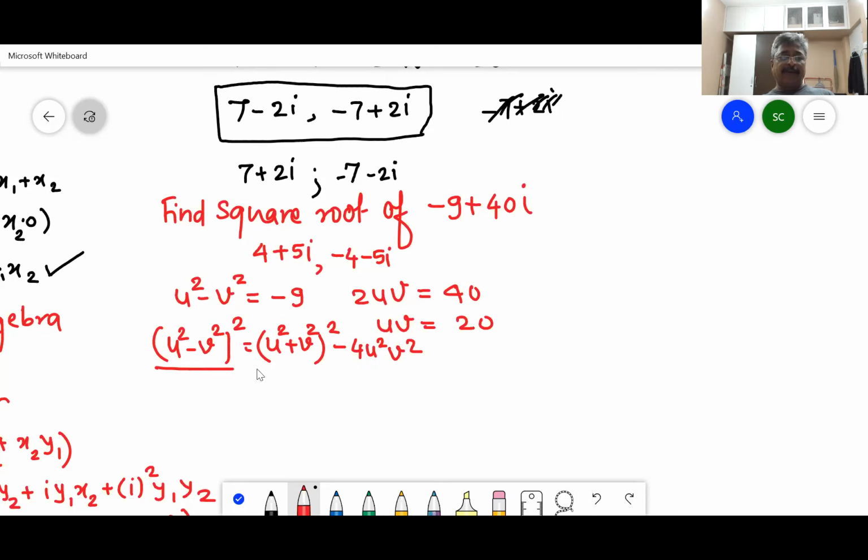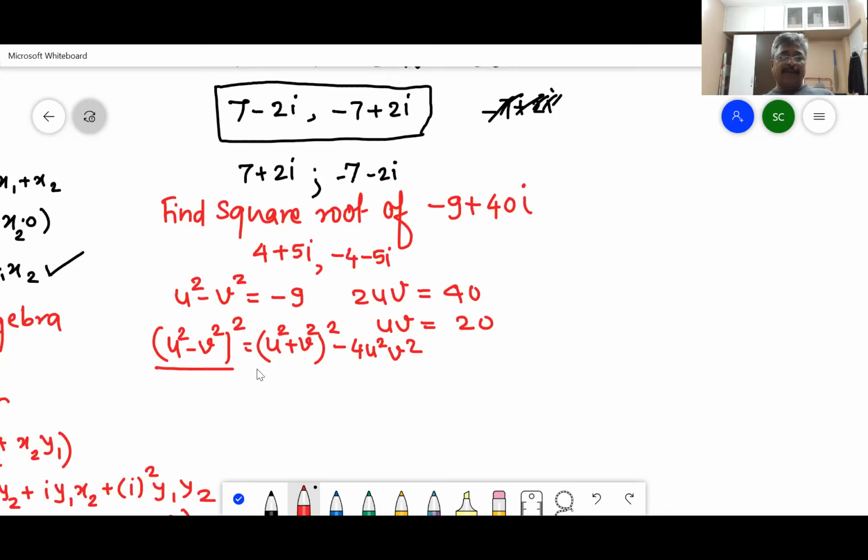What will you take? Plus, because it is a summation of two squares. Real number, 41. Okay. So u square plus v square is 41 and u square v square is equal to 400.